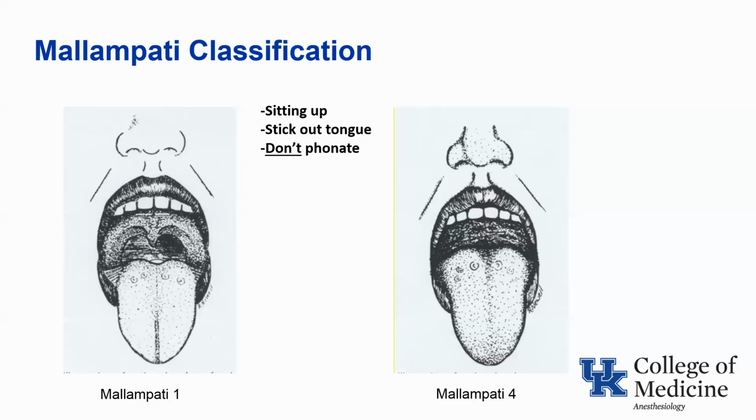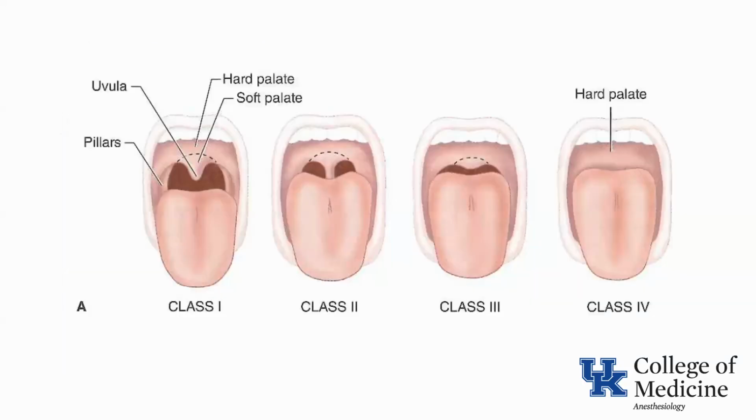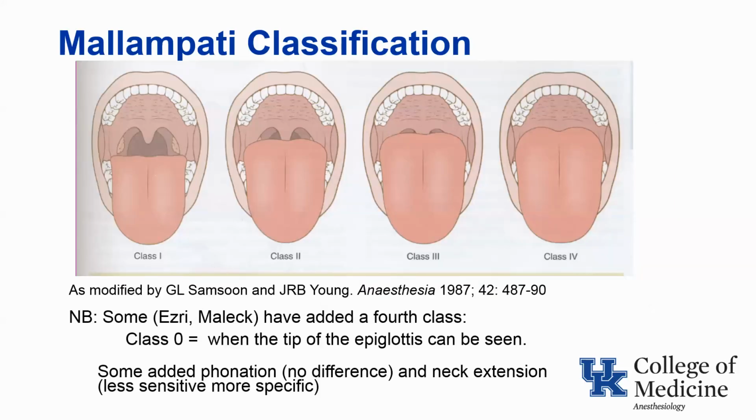This must be done with the patient sitting up, sticking their tongue out, but not phonating. And these are another illustration of the various Mallampati classes. As I say, the Mallampati class mainly reflects the size of the tongue and the space in the mouth.